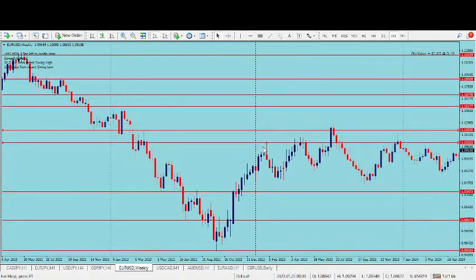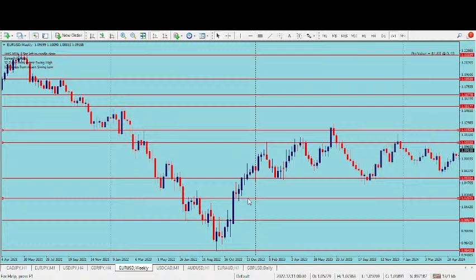Okay, then it tried to form another low here now. Look at this low, and if you check now, this low is higher than this previous low. So we now have a higher low. What we have now is a higher low instead of a lower high.